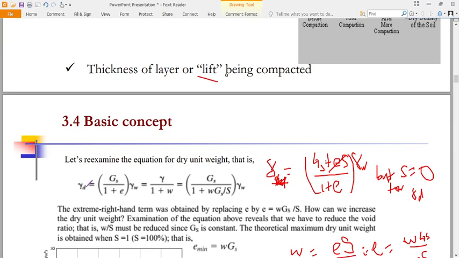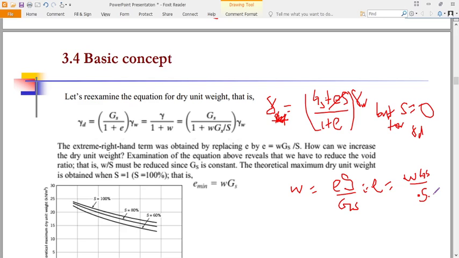Now, what is the theoretical one? At what point do we have the minimum voids, and those minimum voids should basically be filled with water. That is when the degree of saturation is equal to 1, when all the air has been driven out.